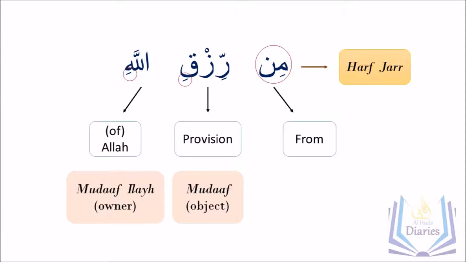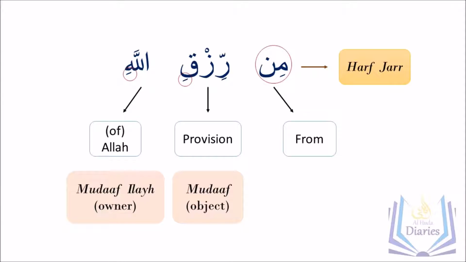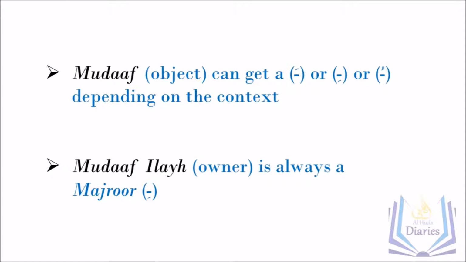But previously we saw in the example of الَّذِينَ يَنْقُضُونَ عَهْدَ اللَّهِ, the ahd, the mudaf, was in the state of nasab, and we saw that it was because of the fact that it was playing the role of an object. Whereas in this particular example, the mudaf, the rizq, is having a kasra because of the presence of a harf jar. So as explained previously, these two examples make it very evident to us that the i'rab of the mudaf can vary depending on the context.